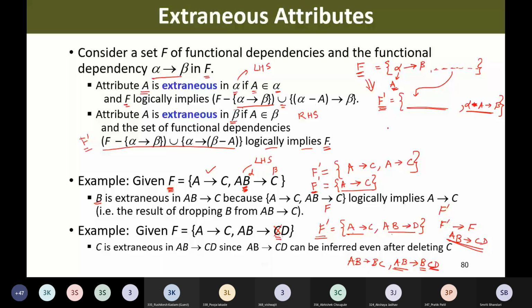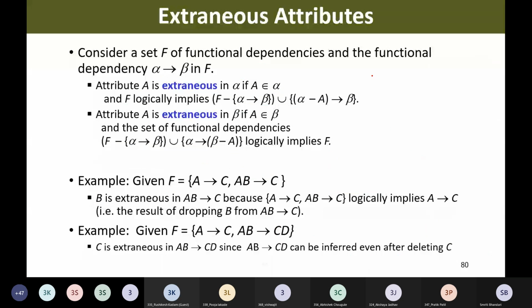If I want to check whether the attribute is extraneous in LHS, then simply what I need to do is check whether the original set F logically implies the new set F dash.